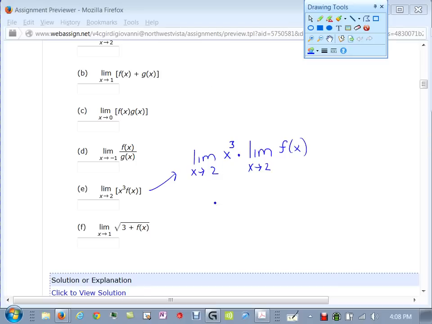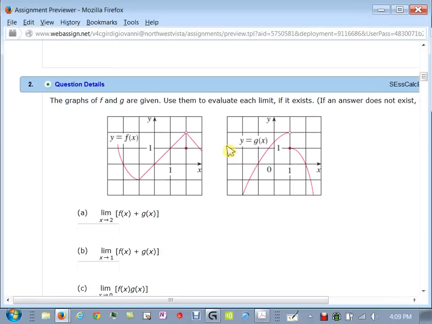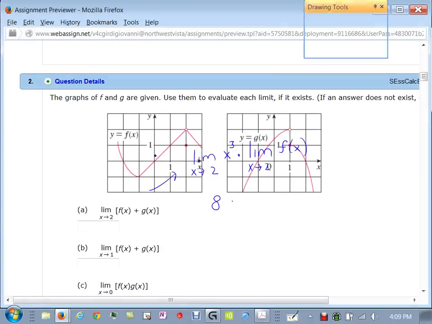So 2 cubed is 8. So this is 8 times. Over here, we need to go look at our graph. What's f doing as we approach 2? So up here at f, let's see, we approach 2, it was approaching 2 also. So that's going to be 2 there. And so you should get 16.